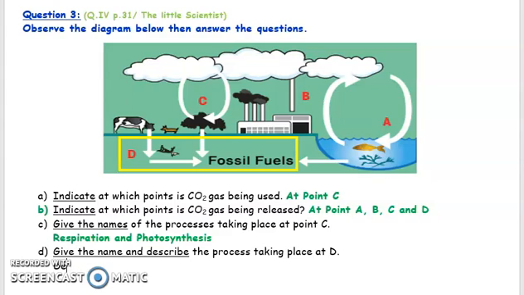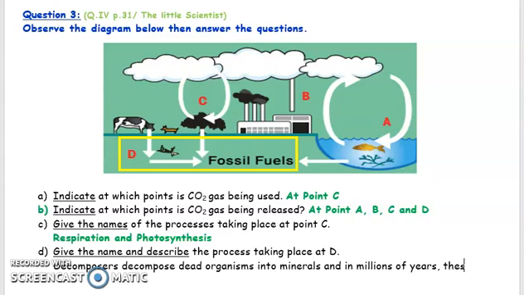So again, let me say decomposers such as fungi, bacteria, different insects decompose dead organisms into minerals, and in millions of years these turn into fossil fuels in the ground.